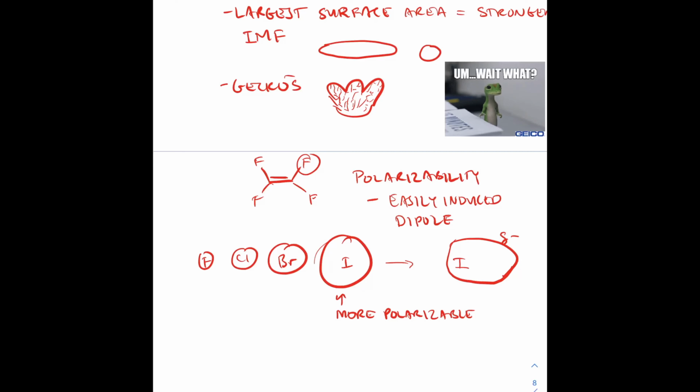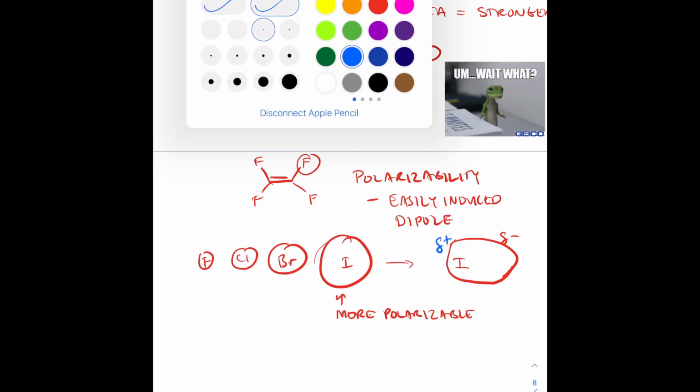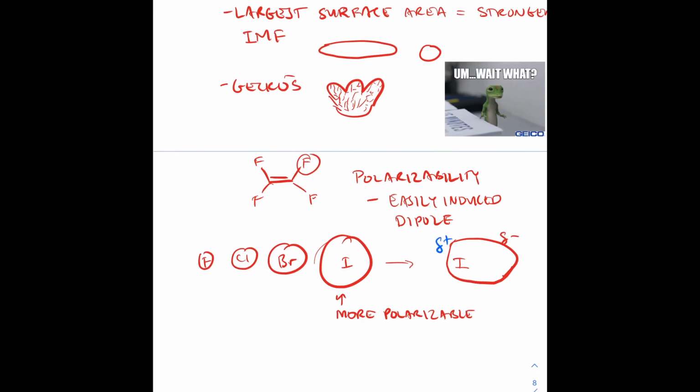So this side right here, maybe you can consider it more delta positive. Just think about the electrons going around in circles around this guy, or moving everywhere, but then very briefly they all end up on one side, over here. And since all the electrons are on one side, you get a delta negative.